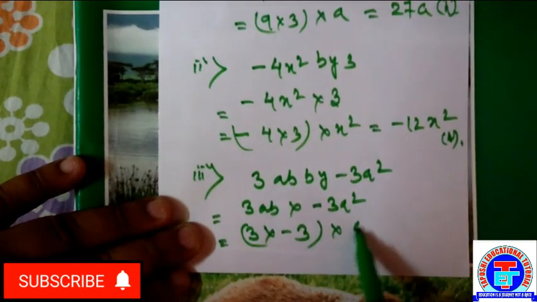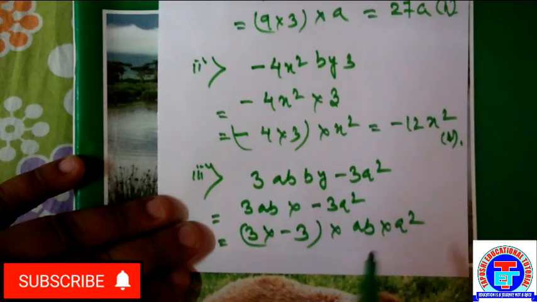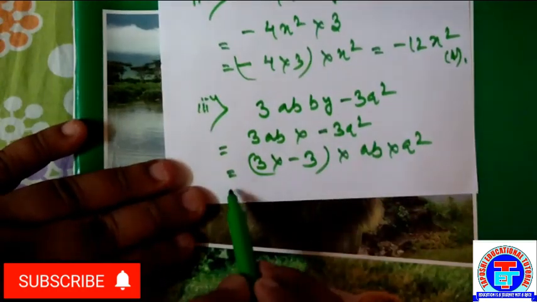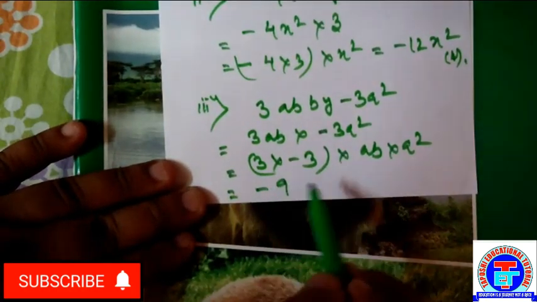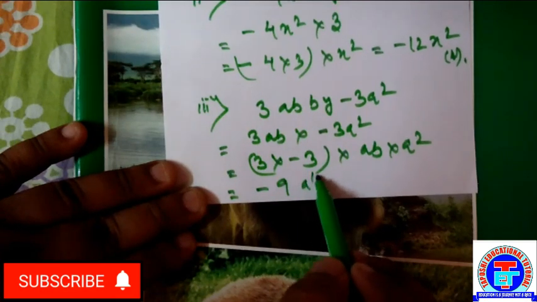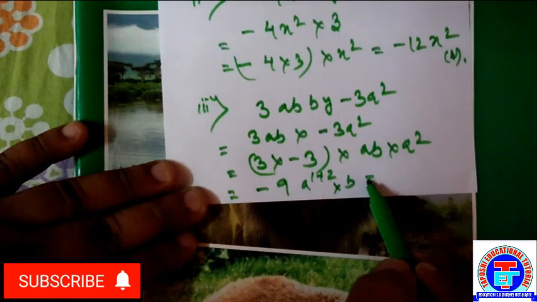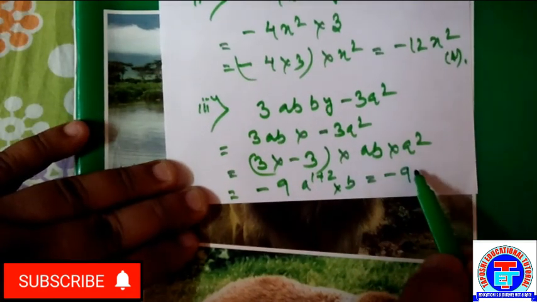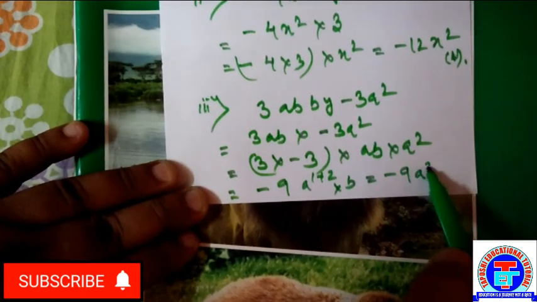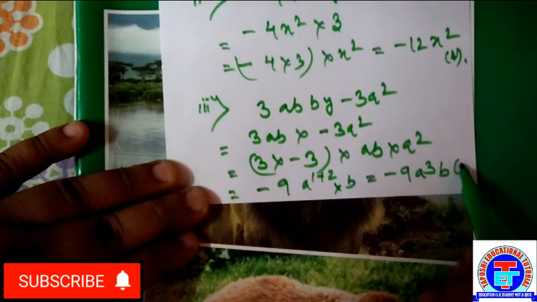Then we write ab into a square. So it will become minus 9a to the power 1 plus 2 into b, it will become minus 9a cube b. This is the answer.